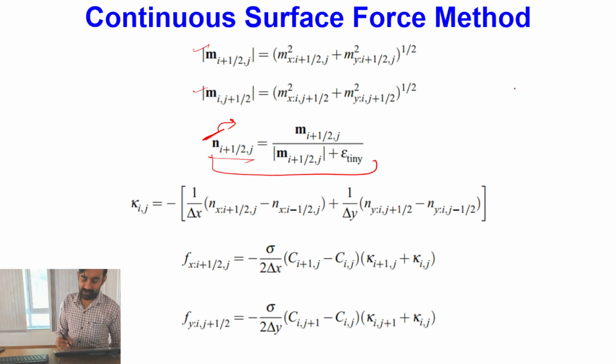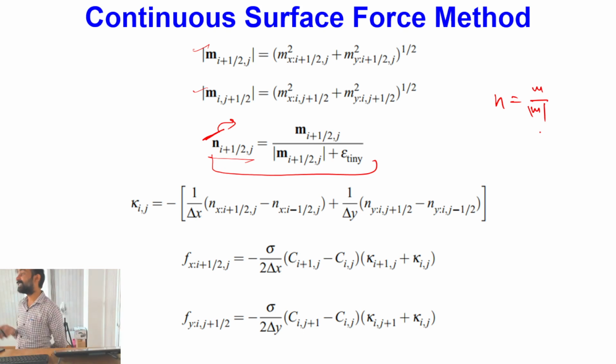Now one important point: when you have got the value of the normal vector, it may so happen that whenever you are numerically implementing, because the n vector is equal to m divided by the magnitude of m, in some of the cells where m is not valid, for example, if some cell contains no color function, what will be the value of m? It will be 0.